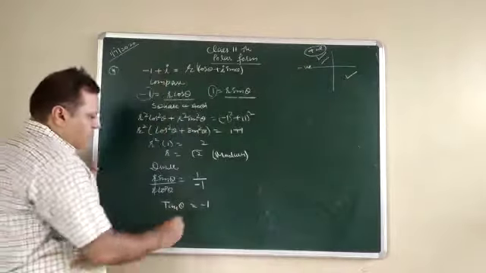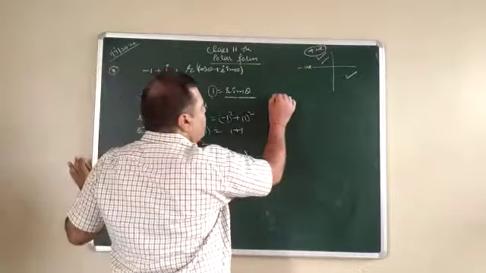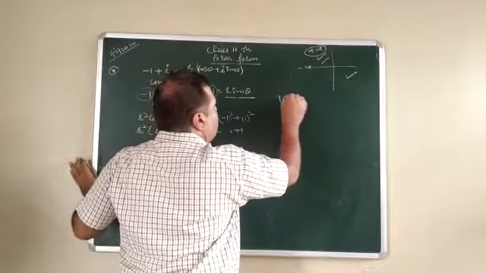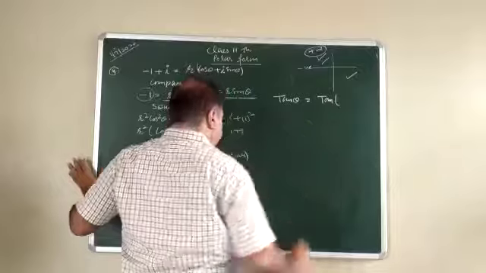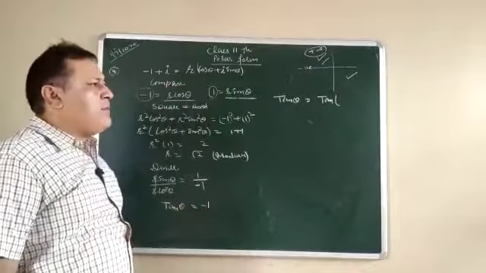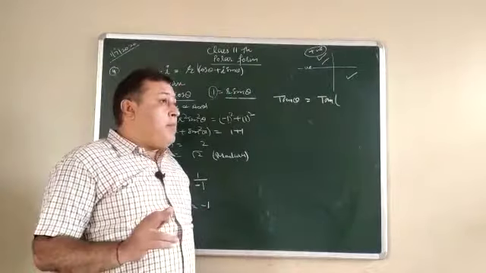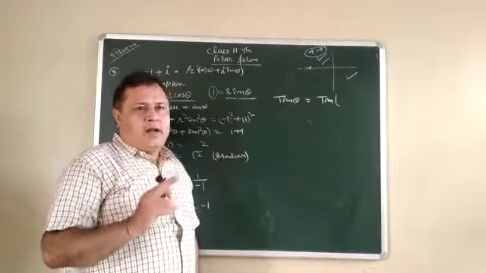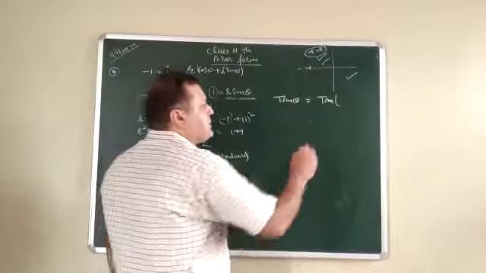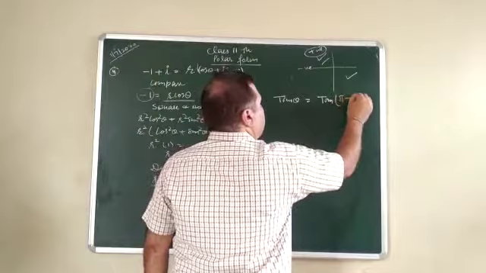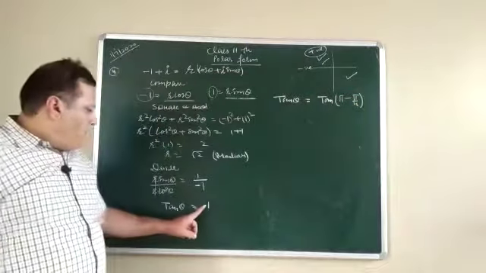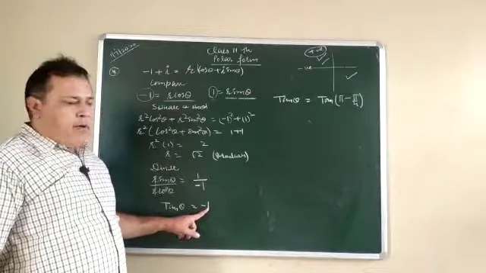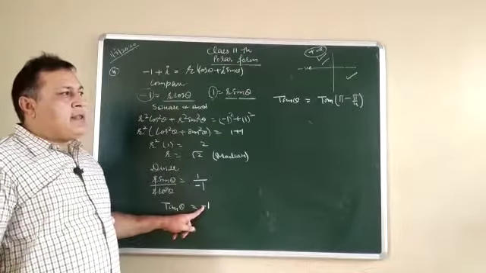Now it is tangent theta, so I can write here tangent of theta is equal to -1. Tangent of 1 occurs at pi by 4, but you remember you are in the second quadrant, and the second quadrant means pi minus pi by 4. See this one: 1 we know is at pi by 4, and minus is obtained in the second quadrant.